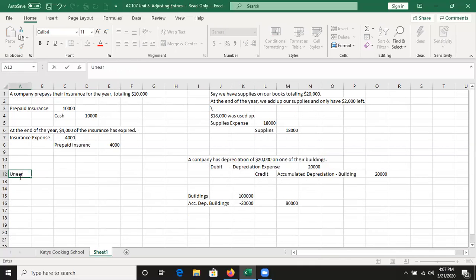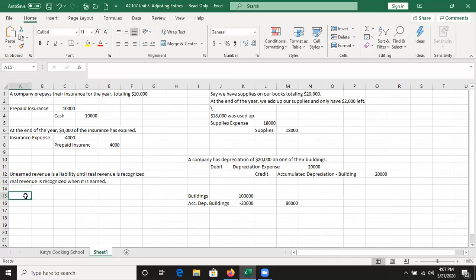Okay? Unearned revenue is a liability until real revenue is recognized. Okay? Real revenue is recognized when it is earned. So when you actually perform the work to earn the revenue.